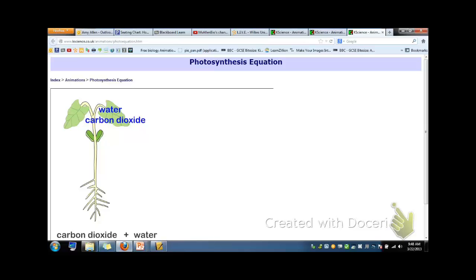What's the question? Well, for example, we start with carbon dioxide and water. Where does the carbon dioxide come from? Where does the water come from? Write it on your paper, we'll go over it in a second. Then it says yields glucose and oxygen. What happens to the glucose? What happens to the oxygen?